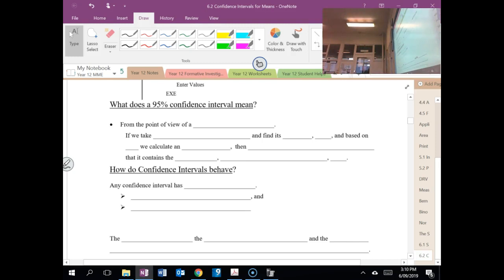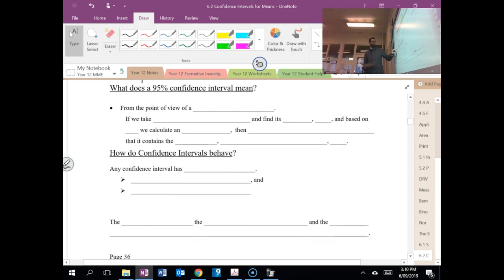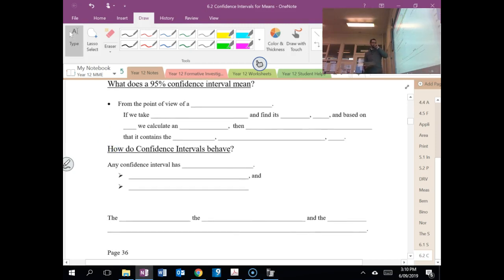But if we want to think about how the confidence intervals behave, first of all, what does a 95% confidence interval mean? This is rehashing what we've talked about.